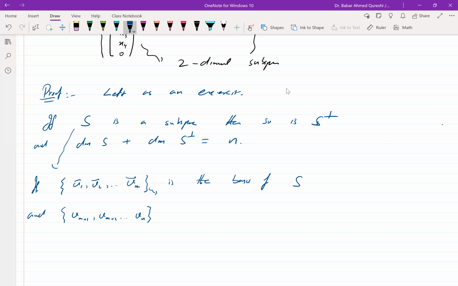So you have m vectors in this basis, and n minus m vectors in this basis.